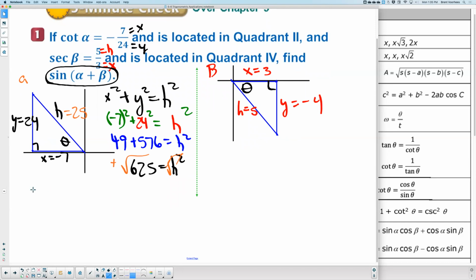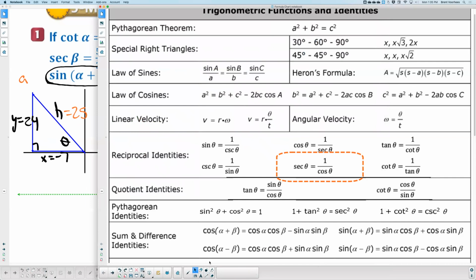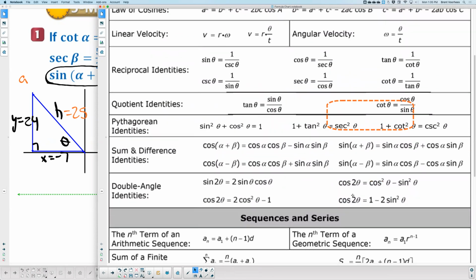So what we're going to do is go to our formula chart, and I'm going to pull the formula for sine A plus B. Look for sine A plus B. Where is it? Oh, it's down towards the bottom of my screen. Right here, sine A plus B. That's the formula we're going to pull.